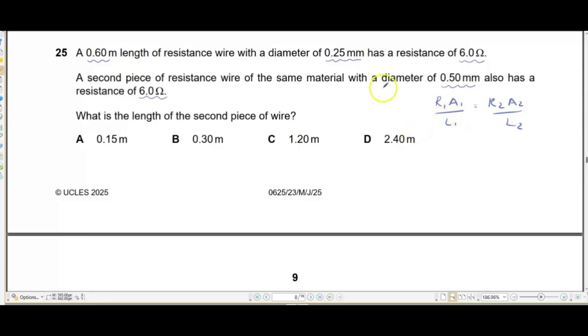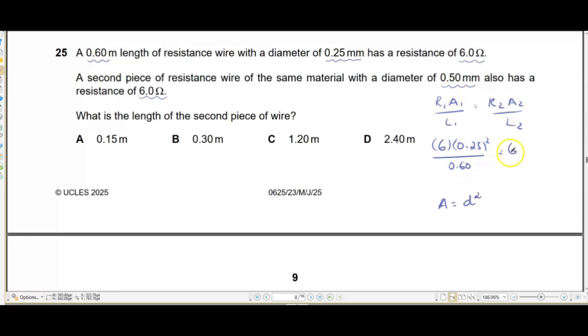Okay, so let's begin. The first wire has a resistance of 6 ohms, a diameter of 0.25, and as we know, area is proportional to diameter squared. So in order to make it area we need to square this, and the length is 0.60.